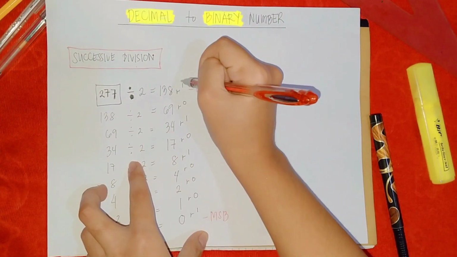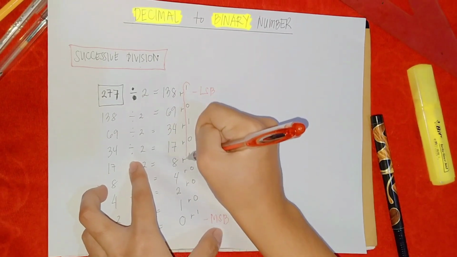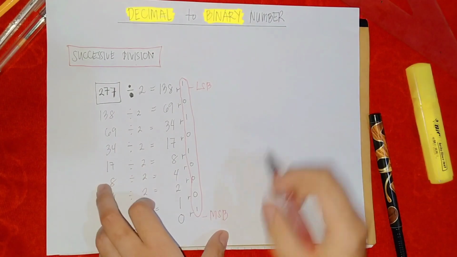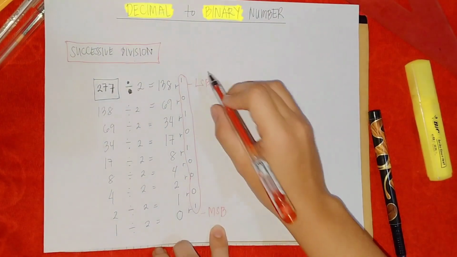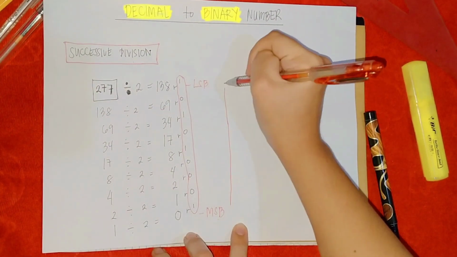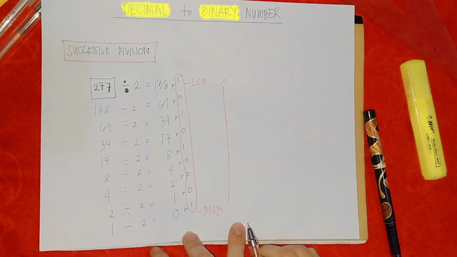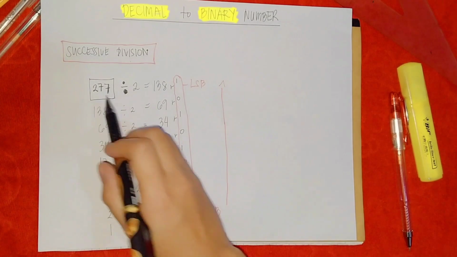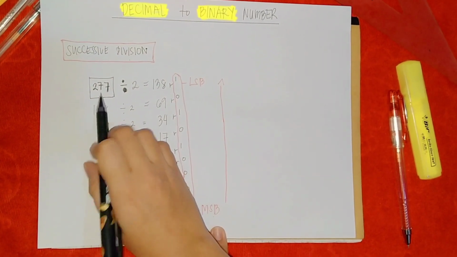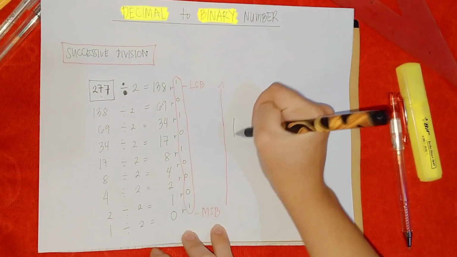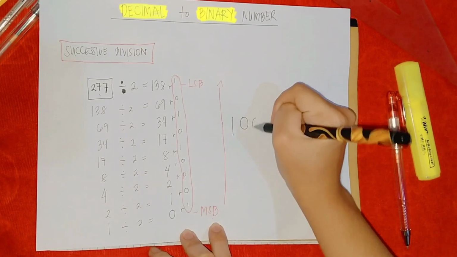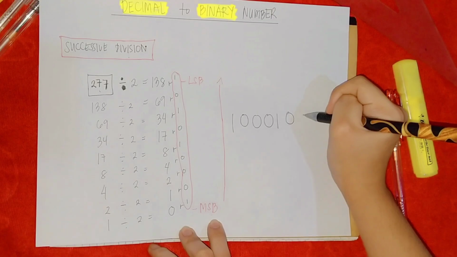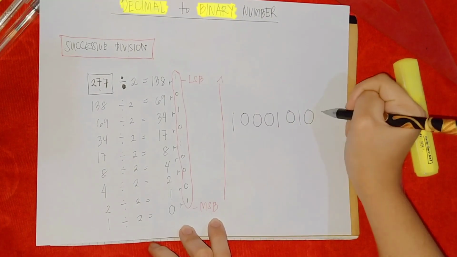The way we read this is from MSB to LSB, so basically from the bottom to top. Therefore, 277 is equal to 1, 0, 0, 0, 1, 0, 1, 0, 1.